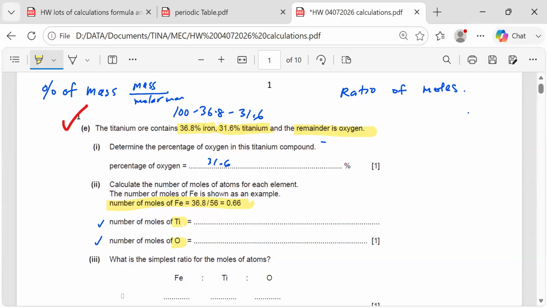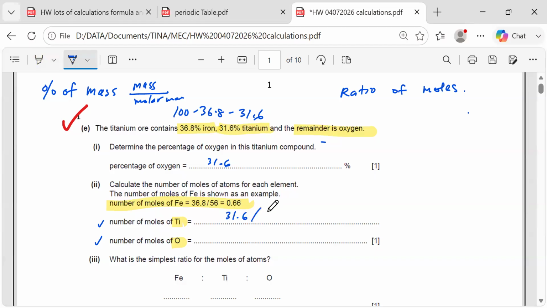Okay, can? So amount of moles of titanium, mass, you use percentage, 31.6 over, titanium is what? 48. Okay, how much you get? And then oxygen is the remainder, 31.6, divided by 16, how much you get? 1.975, so 1.98.